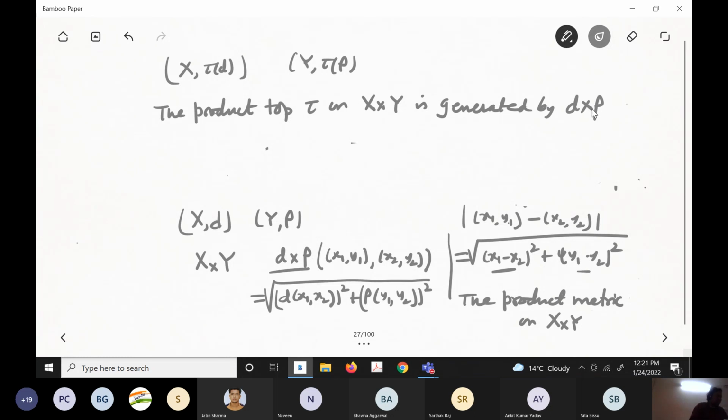This is the question you should prove. So basically, instead of the product topology, you can go by the product metric, which is exactly what we do in R square and R n. That is the second projection.